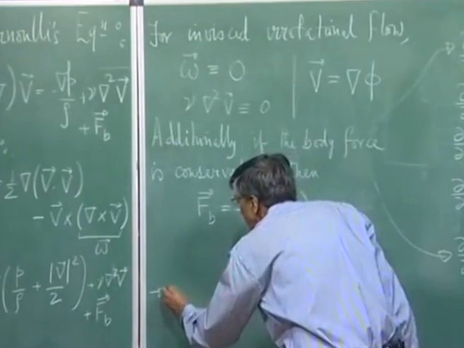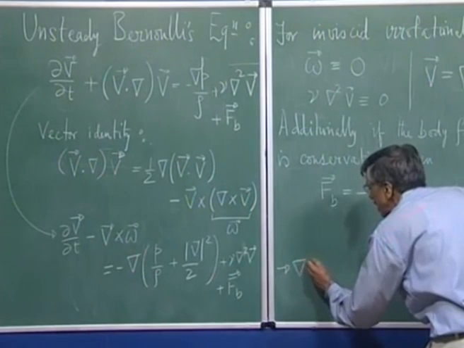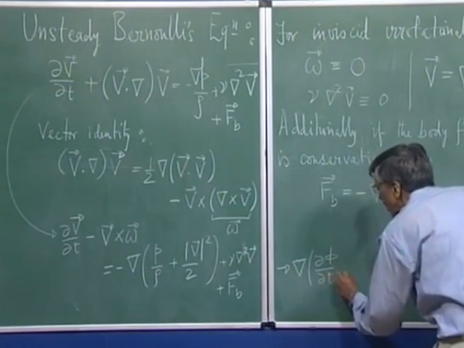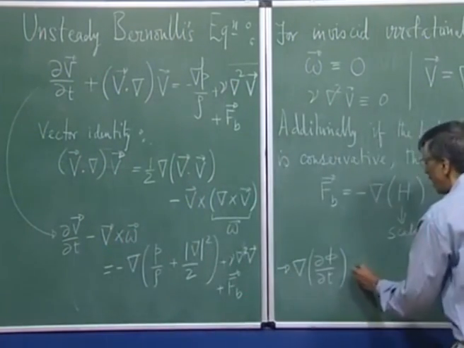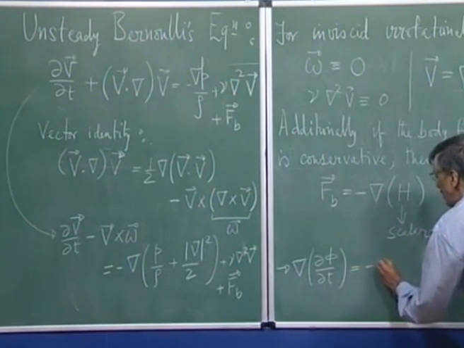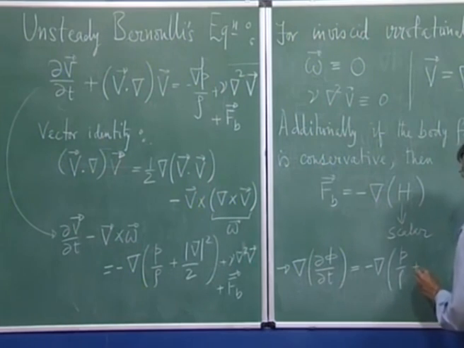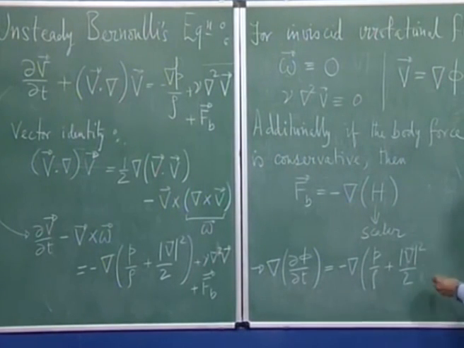So, I am going to get gradient of del phi del t, that is that term. So, this term has gone, and on this side I have gradient of p by rho plus the body force, and the body force is a minus, so I can put that equal to h.